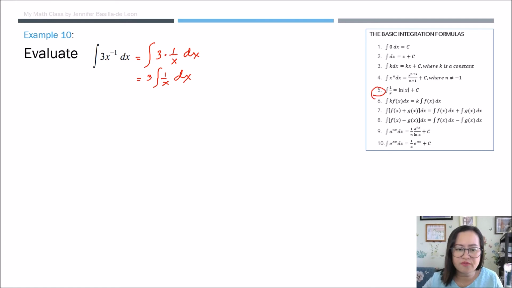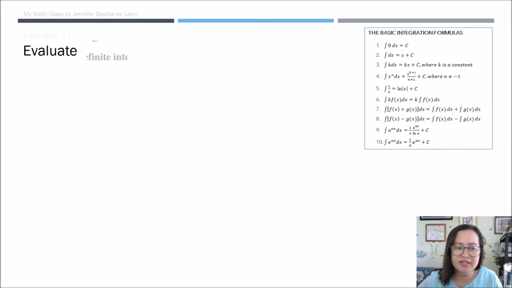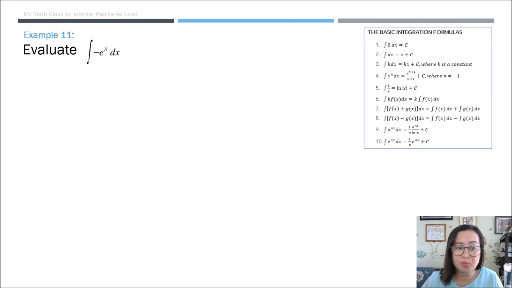Applying rule number 5, we will have 3 times ln of the absolute value of x plus c. That's it for example number 10. Now let's try example number 11. We are given the antiderivative of negative e raised to the x power dx.